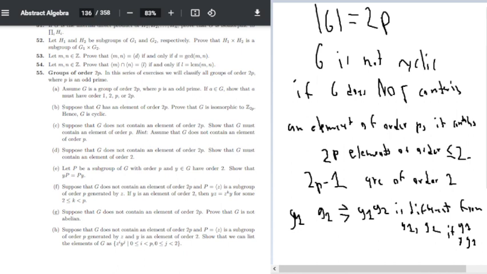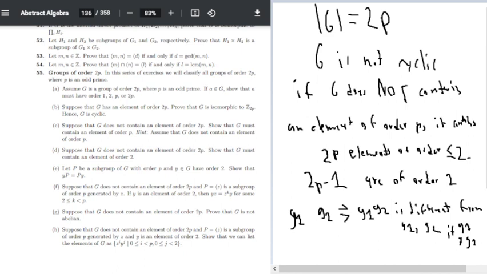Is it that what I think it would be is that the number of elements in your group.